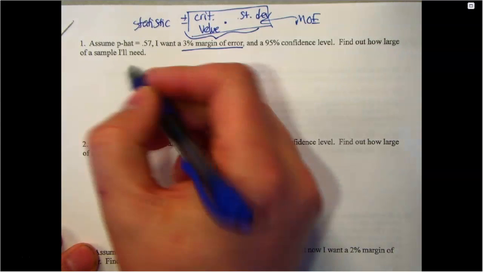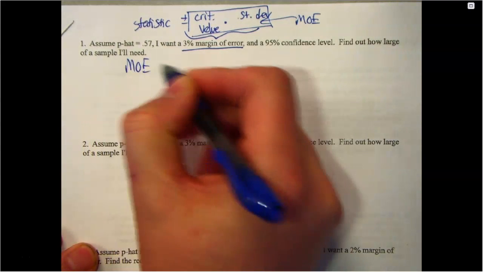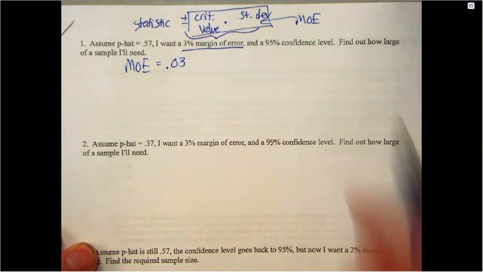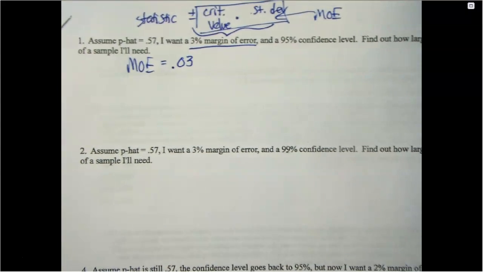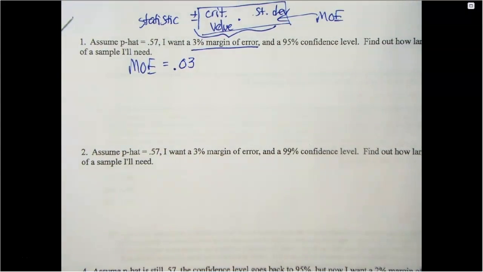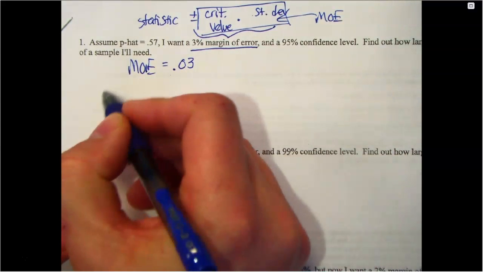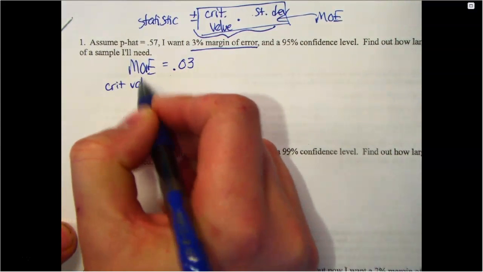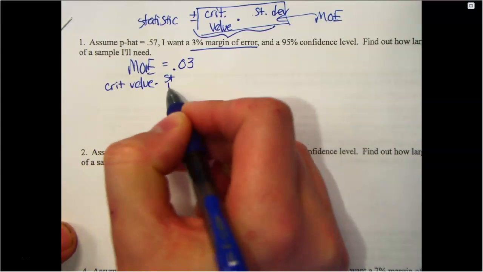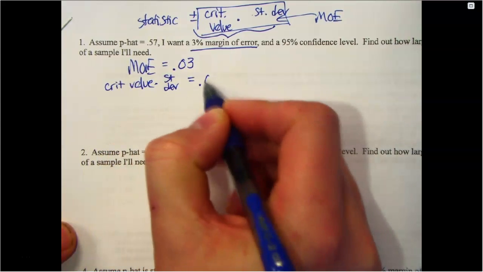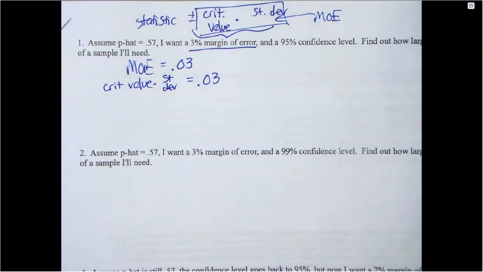So what I have here is margin. You're not going to end up writing all these steps every time, but I'm going to write them out the first time just so you can see what happens. So they're telling me the margin of error is 0.03. So the margin of error is the critical value times the standard deviation. And that equals 0.03.